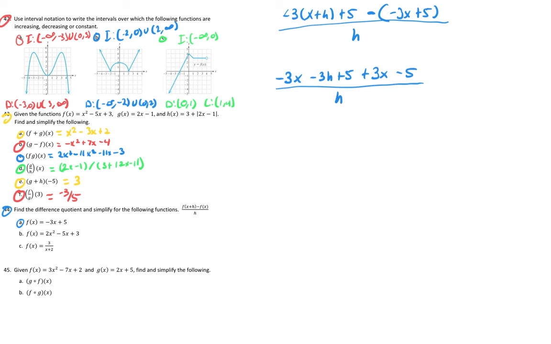And now we can see some terms will cancel out. So that -3x will cancel out with this positive 3x, that positive 5 with that -5, and that leaves us with -3h on top over h. We can now cancel out our h's, and we get -3, but since we canceled something on the bottom, h cannot equal 0.